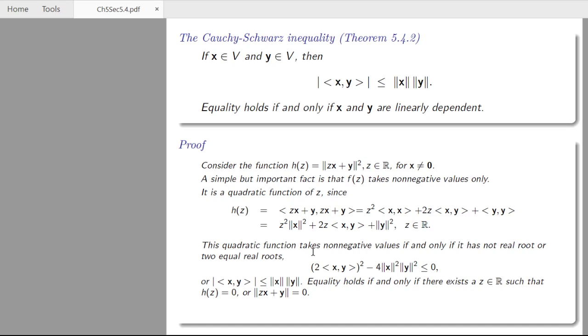So in this case, this quadratic function takes non-negative values if and only if it has no real root or two equal real roots. Now we know this fact from high school or maybe middle school.